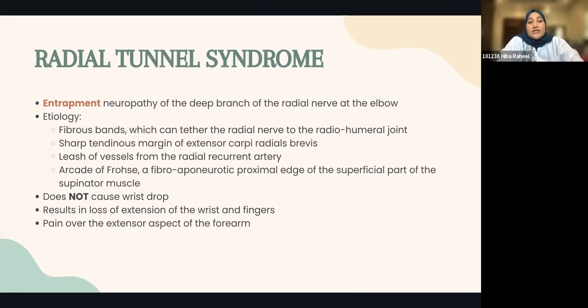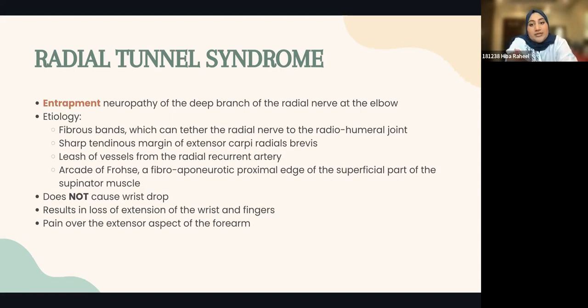Okay, so radial tunnel syndrome is basically when the radial nerve gets entrapped at the elbow. Don't confuse this with carpal tunnel syndrome, because carpal tunnel syndrome occurs in this region of your hand, at the wrist. However, this occurs a little higher, at the elbow region.